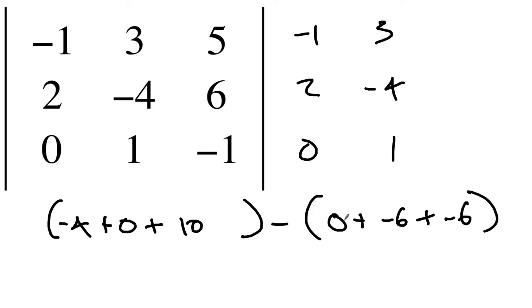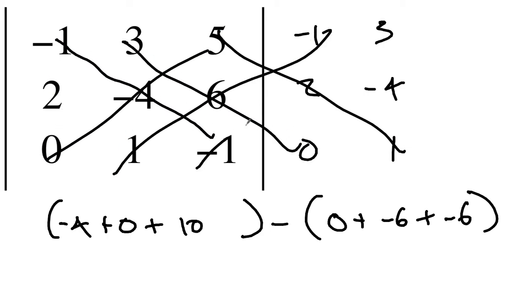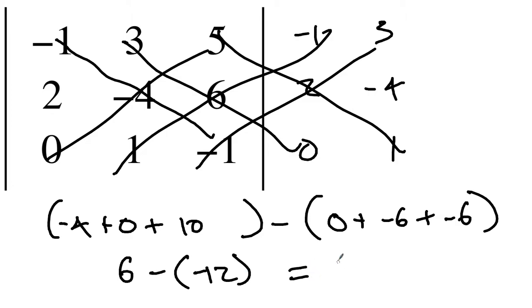If I distributed this negative, we would have the same thing that we had before, -0 plus 6 plus 6. So it is the same thing, but you can treat the two directions as separate things. You add them up going this way, and then you add them up going this way, and then you subtract them from each other, and you get 6 minus -12, which is the same thing, 18. So that's another way to do that if you prefer it that way.